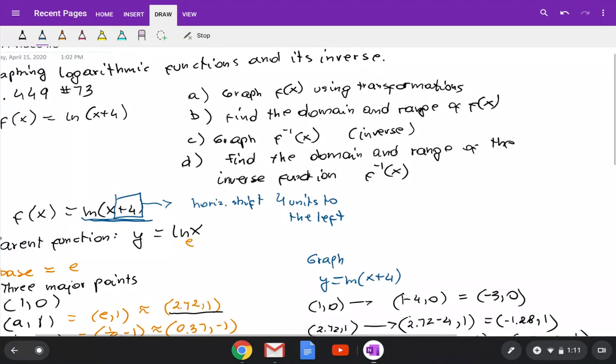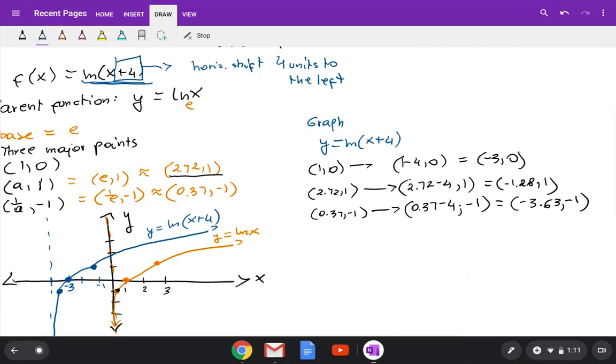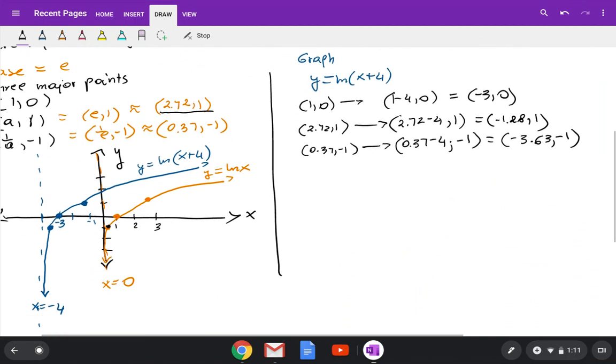Now find the domain and range of the graph. So here we graphed it in blue. So the domain of y equals ln of x plus 4. From the graph, you can see that the domain, that's our x values, has to be greater than negative 4.